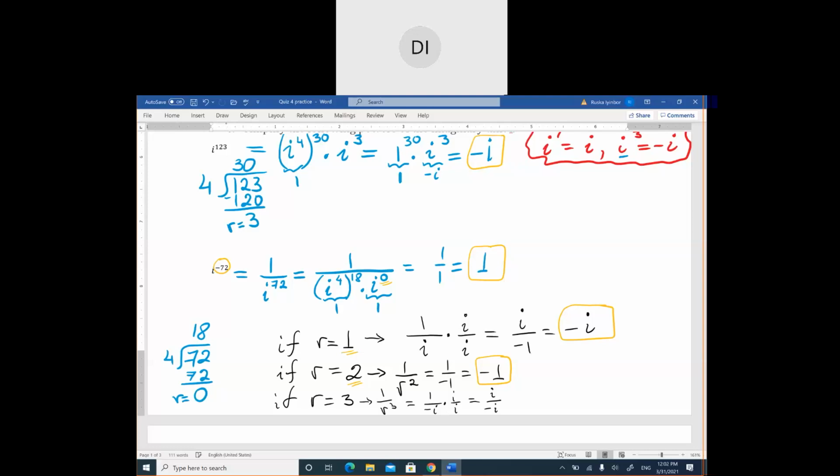I'm going to rewrite it so I can have it step by step. And then you're going to have i over negative and -1, which is positive, and the answer is going to be just i, positive i. Okay, so if the remainder is 3, you're going to get i. So these are the 4 values if you have a negative exponent. Okay, any questions on this?